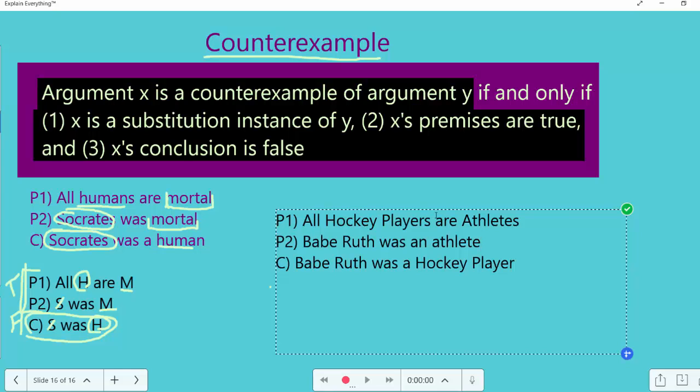And if that's the case, then notice that our premises are true, because all hockey players are athletes. Babe Ruth was an athlete, yet Babe Ruth was not a hockey player, so that's false.